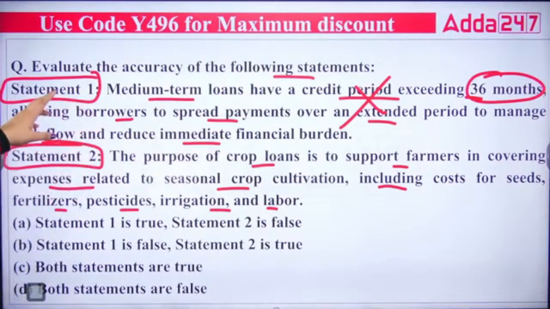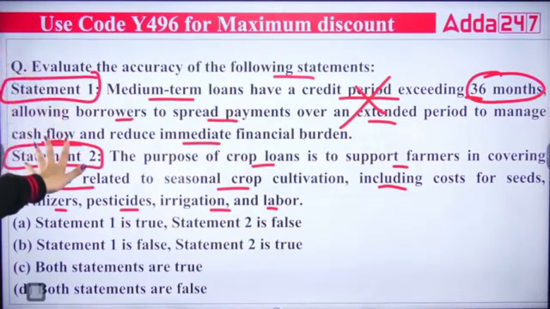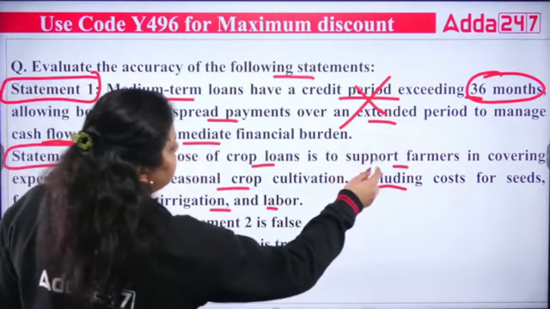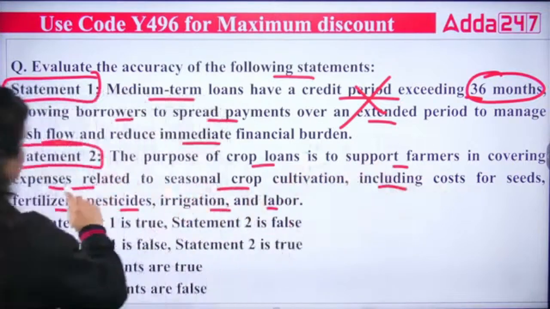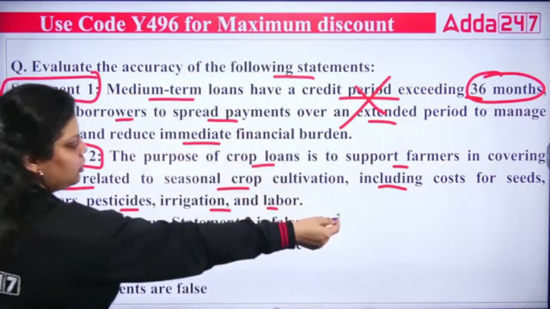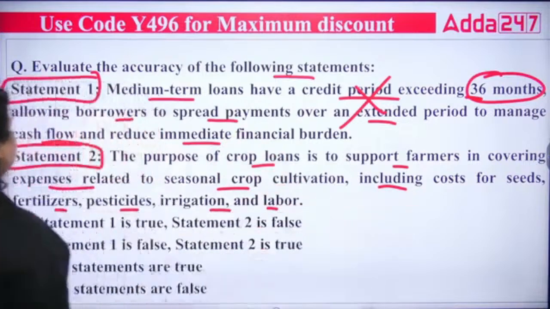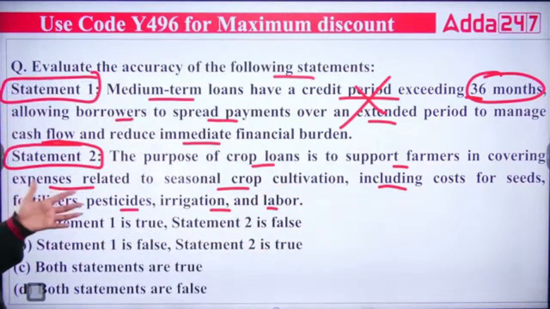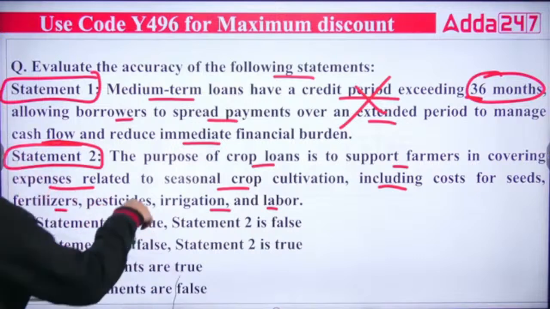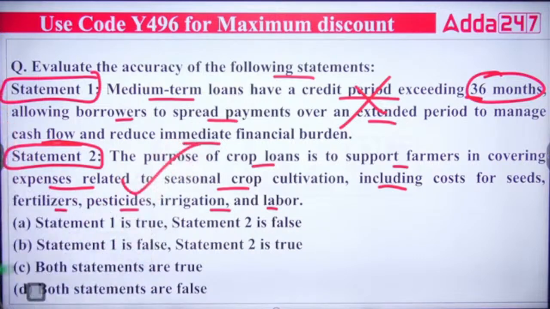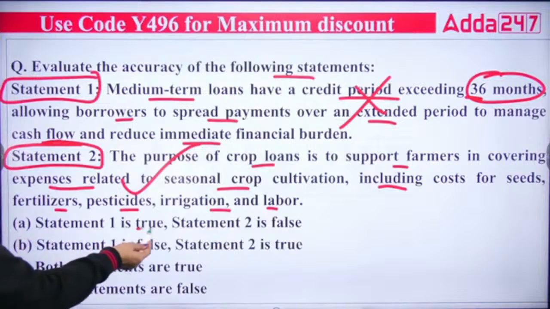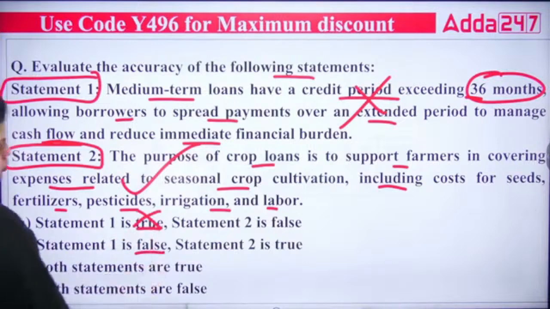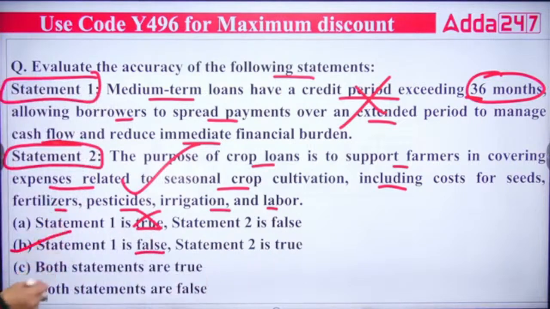The purpose of crop loan is to support the farmers in covering the expenses related to their seasonal crop cultivation, including the cost for seeds, fertilizers, pesticides, irrigation and labor. So the first is incorrect, but the second is correct. It means the right answer will be B.